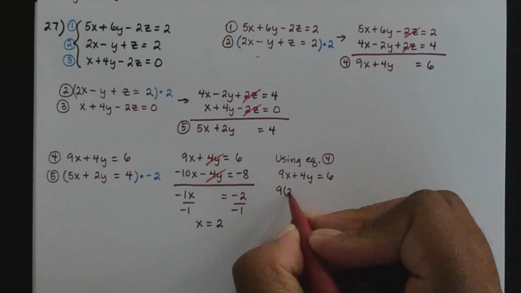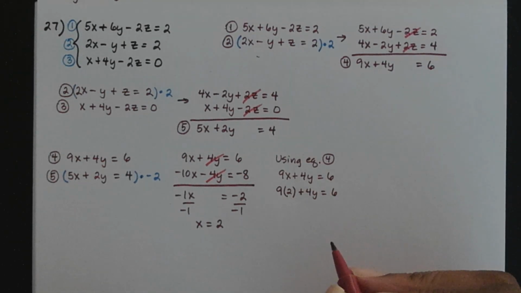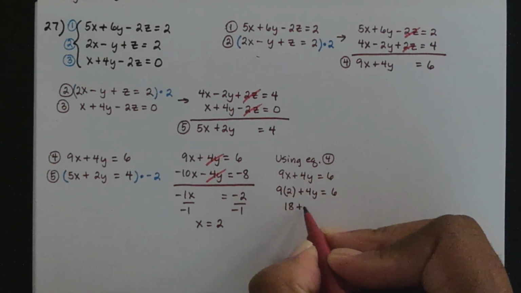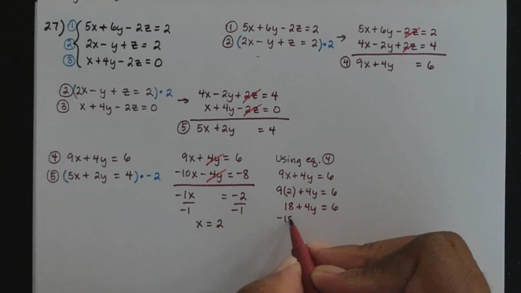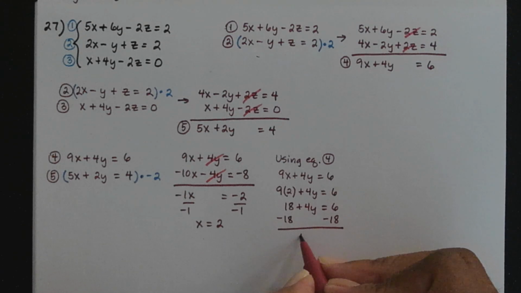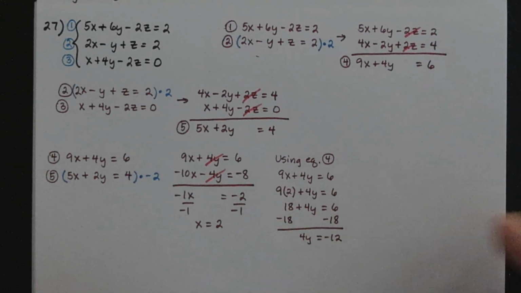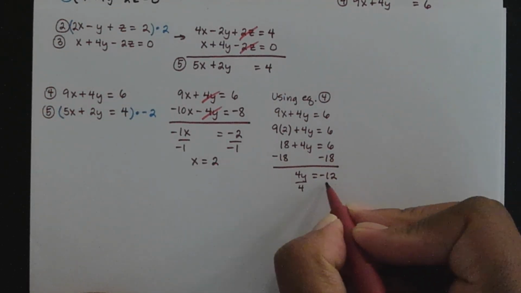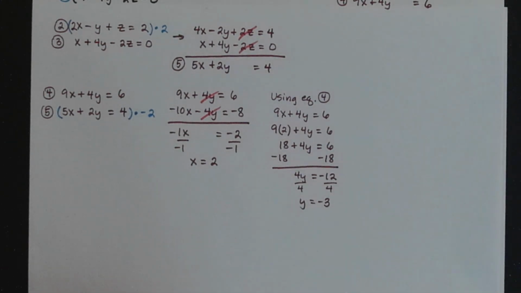So it'd be 9 times x, which is 2, plus 4y equal to 6. And then 9 times 2, that's 18, plus 4y equaling 6. Subtract 18 on both sides, you'll get 4y is equal to 6 minus 18, that's negative 12. And then to solve for y, we'll divide both sides by 4. That means y is equal to negative 3.